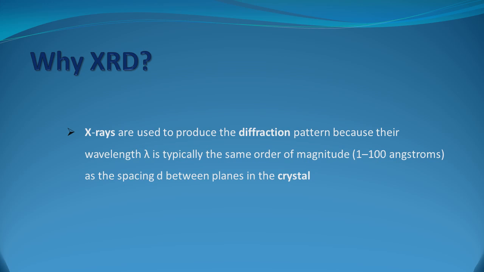So in order to fulfill this particular distance, X-rays are used, with a wavelength nearly equal to it, 1 to 100 angstrom units. This is why we use X-rays as a source for the diffraction pattern.